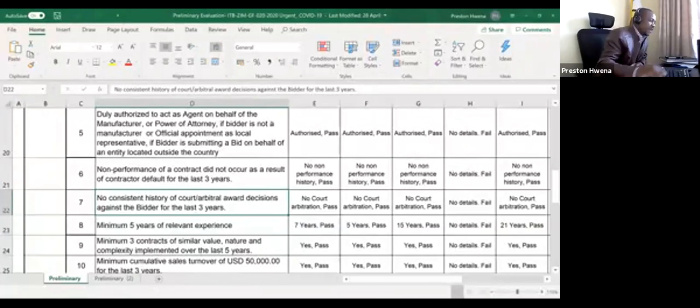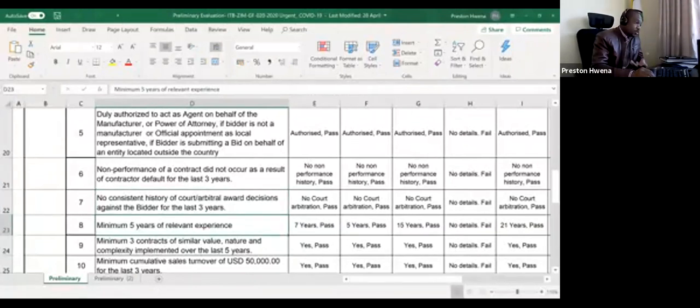In this ITB, it was 5 years, but in the current one, we have reduced it to 3 years. So we also consider whether you have the minimum number of years in terms of experience. Take for example, if you are registered in 2020, we don't anticipate you to participate in a tender where the minimum number of years allowable is 3 years.